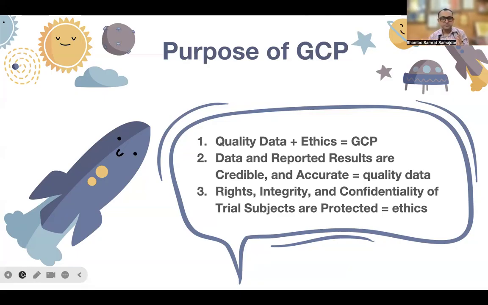They should be credible and accurate. So if we want to summarize the purpose of GCP, we have two aims. Number one, the data and reported results should be credible and accurate. Number two, rights, integrity, and confidentiality of trial subjects should be protected.